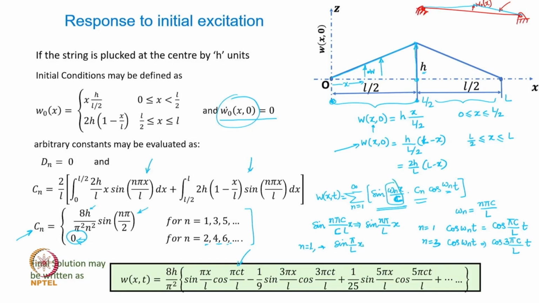So this is the mode shape, sine n pi x by L, right? Now for n equal to 1, the first term, this particular term is going to be sine pi x by L. So this is how sine pi x by L is the first mode, and this is the harmonic time function cos pi ct by L.